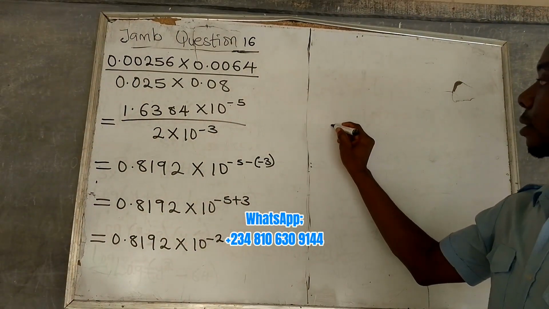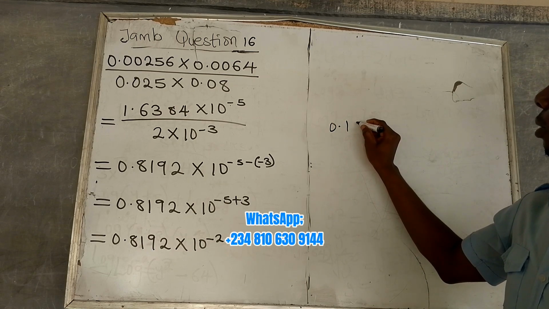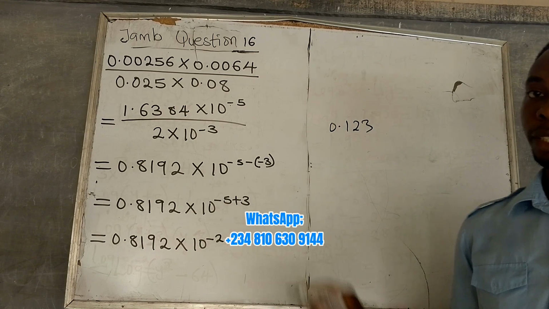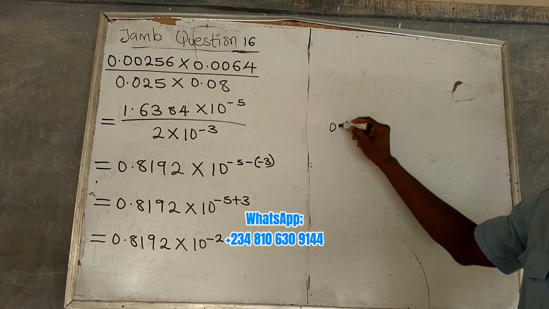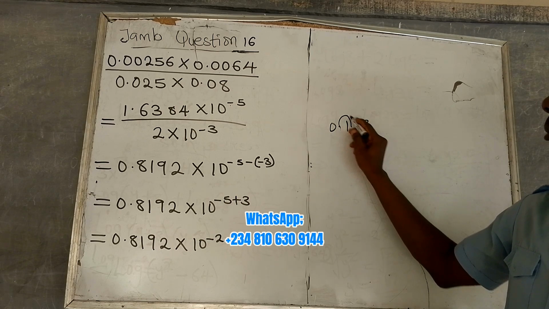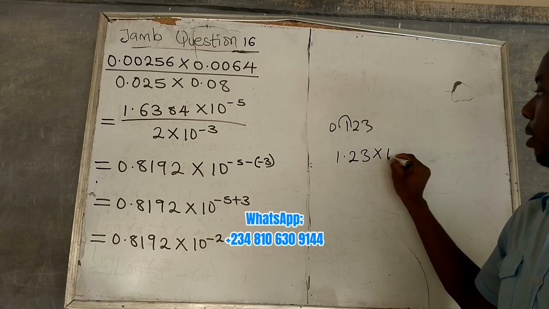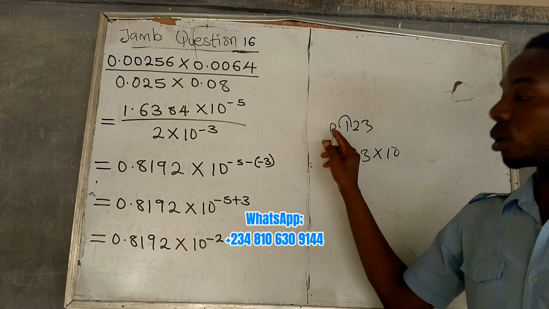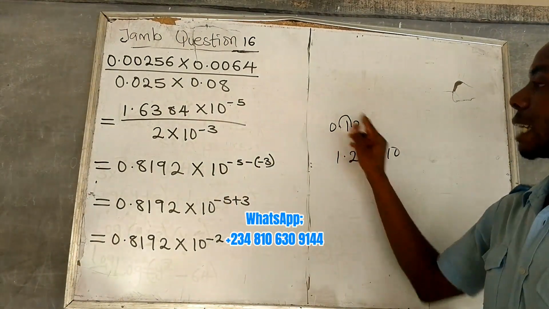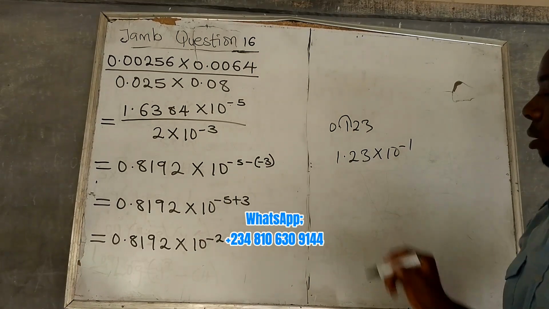When you have something like 0.123, and you're asked to change it to standard form, just move this point one time, from here to here. It will become 1.23 times 10 raised to the power of what? Because the point moved from left to right, it will be minus 1.